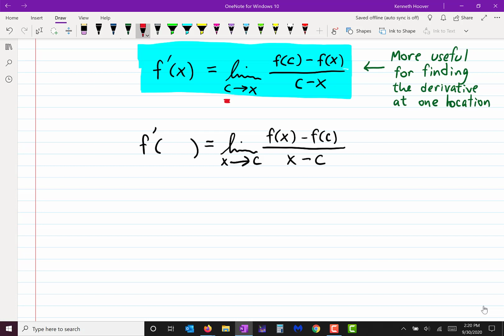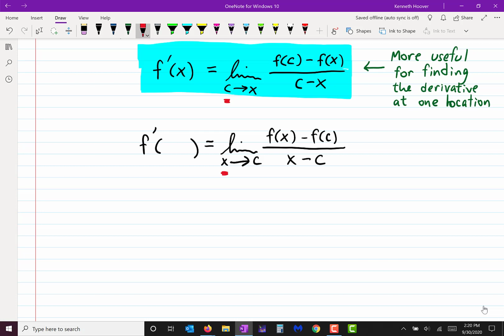So up there in the blue area, I wrote x and c are getting closer together, from the frame of reference where I would be standing on x, and it looks like c is coming closer to me. Down here, the same thing is happening, it's just a different frame of reference. Down there, I would be standing on c, and it looks like x is getting closer to me.